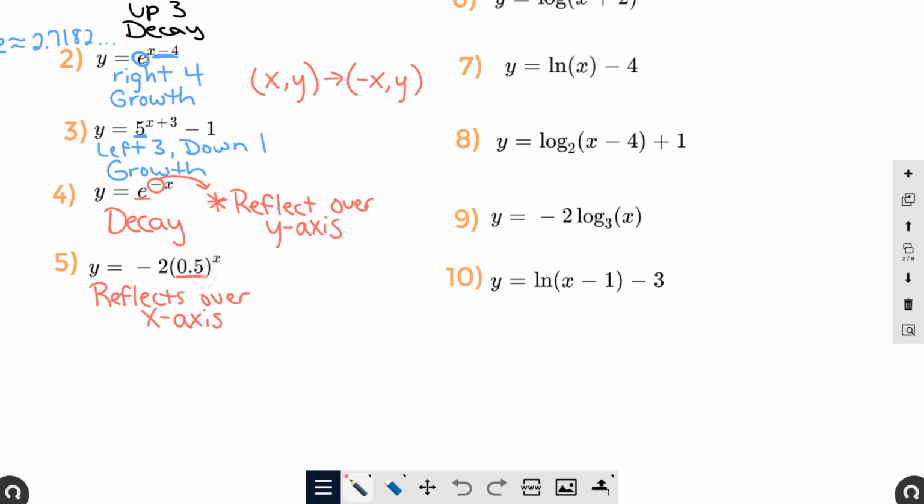Now, originally it's a decay, but when it reflects, it changes to a growth. So any kind of reflection is going to flip that part from a growth to a decay or decay to growth. Now, if you get confused, what could you do? Graph it in your calculator and just see what happens.